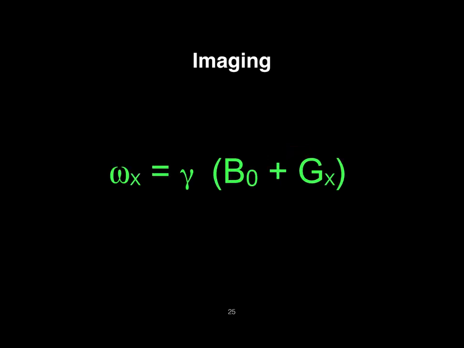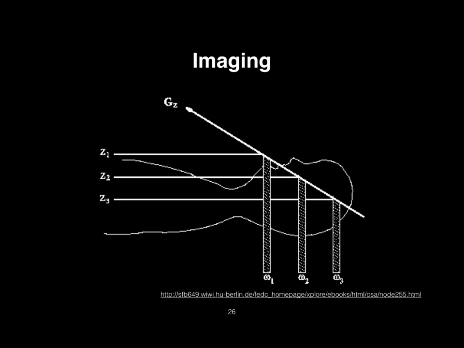And since this is essentially an imposition on the main magnetic field, it can be represented this way, mathematically. Pictorially, this is what that would end up being.